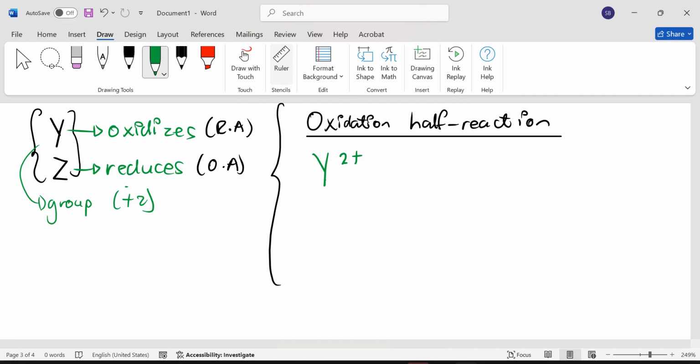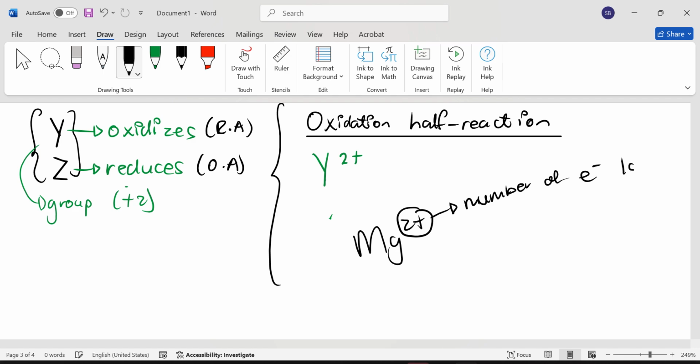and then Y2 plus will obviously, what do you know about a substance that has a positive charge? In fact, what does the charge of a substance or of a certain element tell you? If I have some element, magnesium, which is magnesium 2 plus, this 2 plus basically tells you the number of electrons lost.